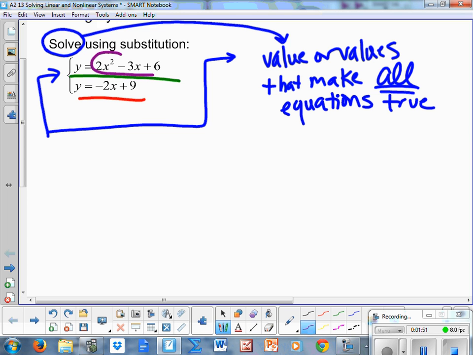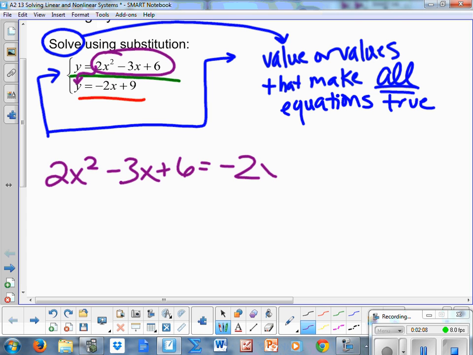So I'm going to plug this part that's set equal to y in for this y, basically just setting my functions equal to each other. So I've got 2x squared minus 3x plus 6 equals negative 2x plus 9. Now I got rid of my y by substituting in for it.